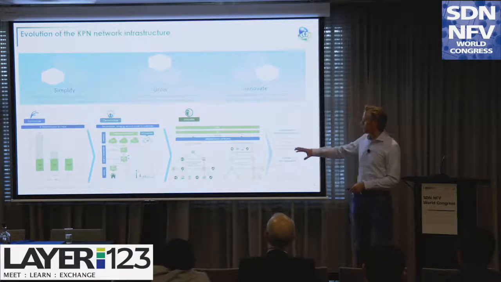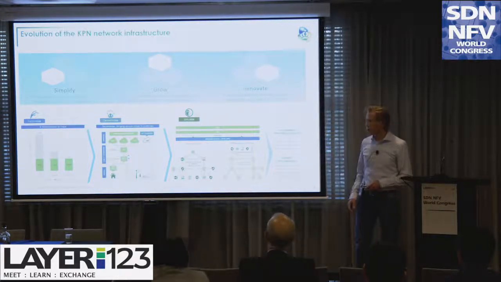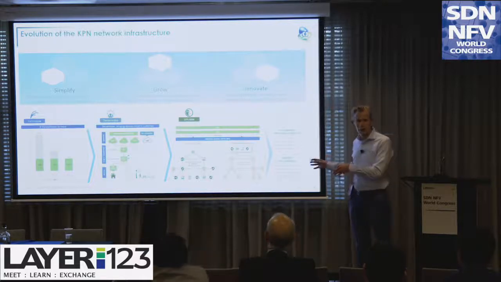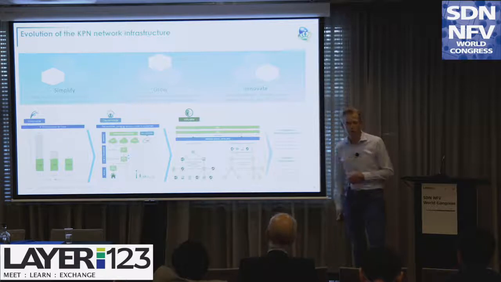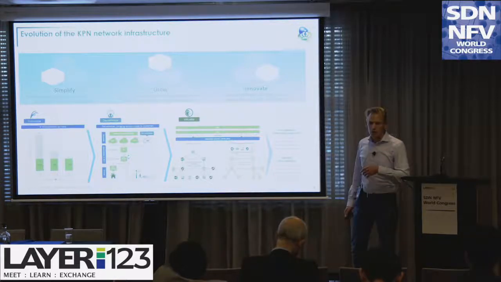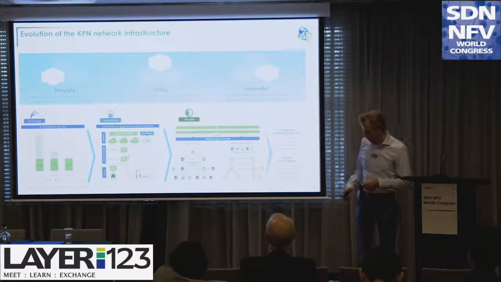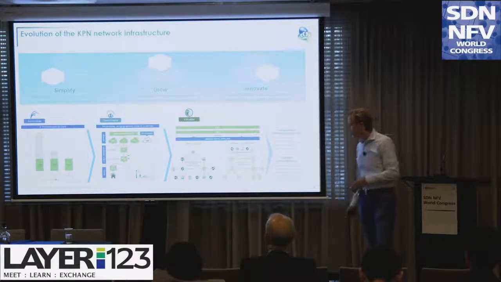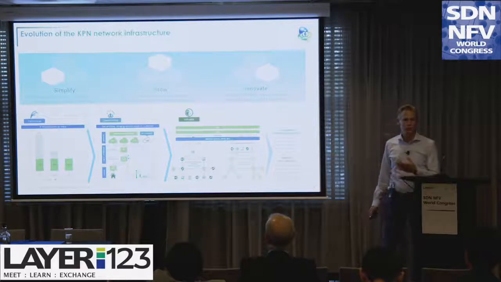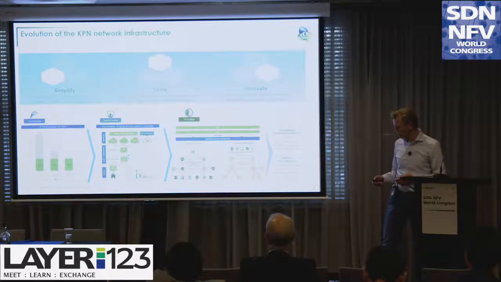So we're trying to move from a legacy network with dedicated appliances to a more generic hardware-based infrastructure with virtualized functions. The next step is evolving the view on how this generic infrastructure should look.